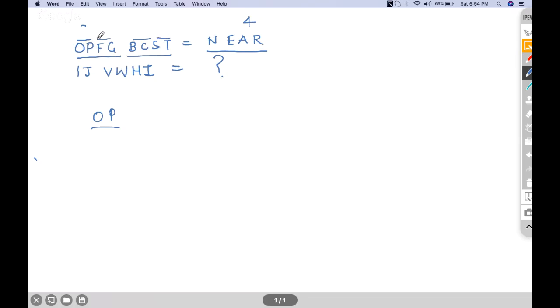Now if you look at OP, before O what comes? N comes. So OP has been replaced with the letter N, which is just coming before O. Now FG has been replaced with the letter coming just before F, which is E. Then BC has been replaced with the letter coming just before B, which is A, and ST has been replaced with the letter coming just before S, which is R. So this is the pattern which has been followed.